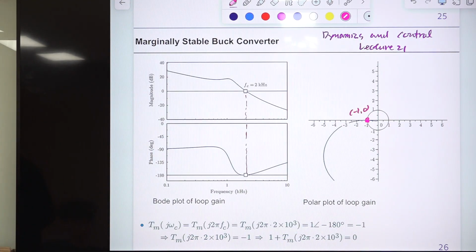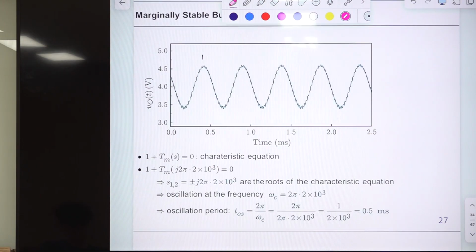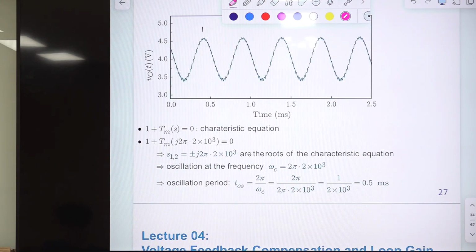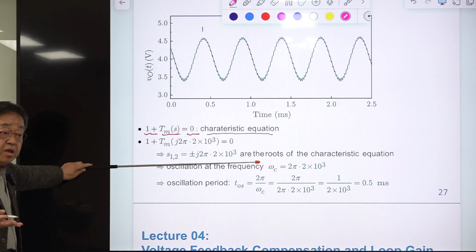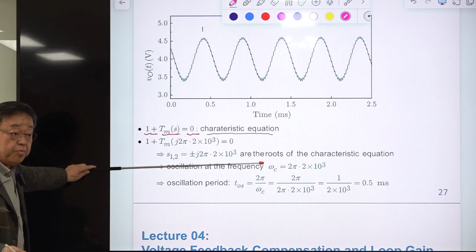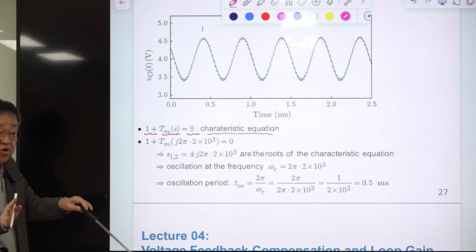The meaning of this is the characteristic equation, 1 plus T(s) equals 0, where T(s) is the loop gain. You should know this. The roots of the characteristic equation are the poles, natural modes, eigenvalues; it has many different names.